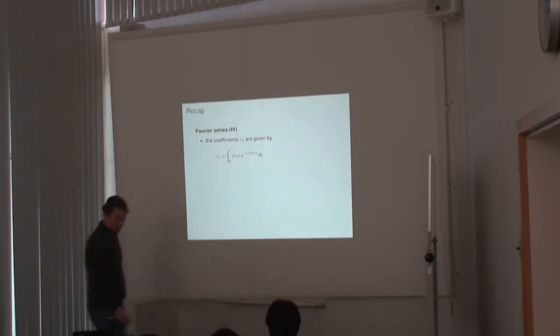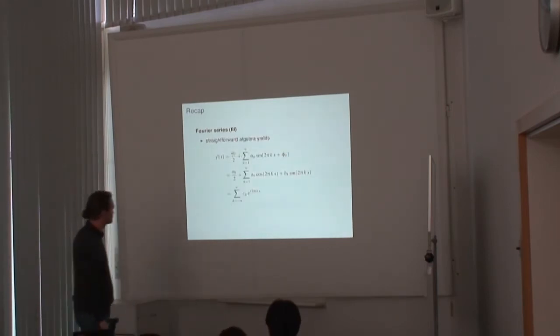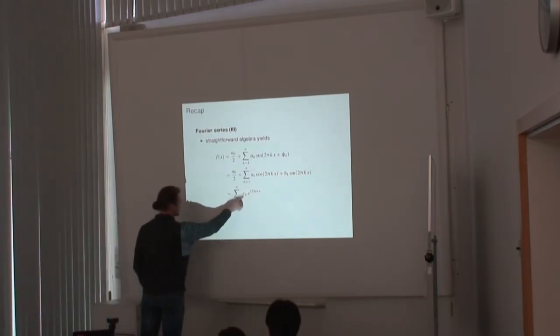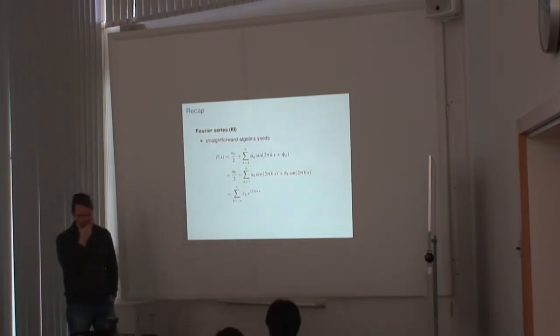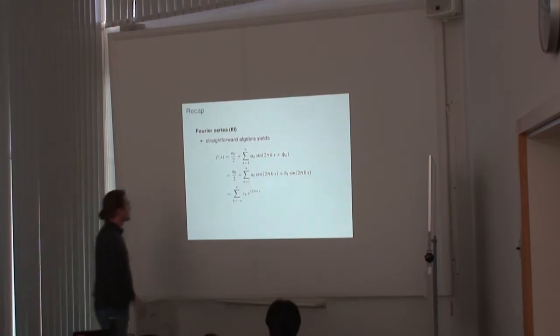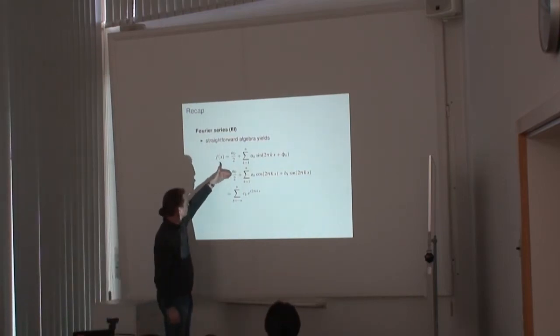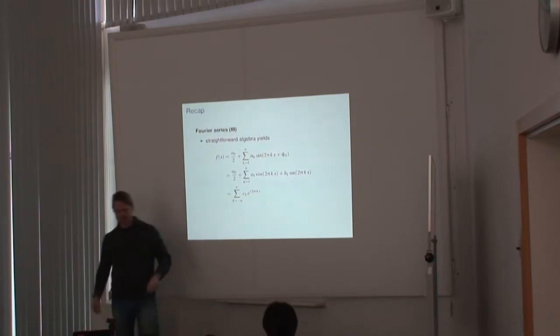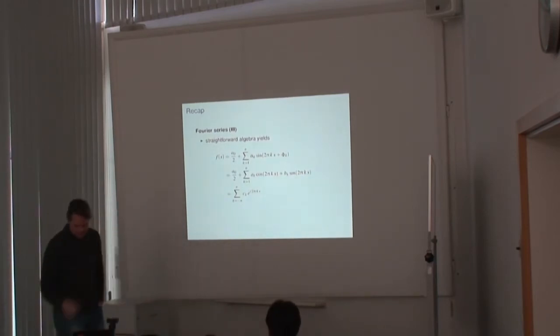And then we asked the crucial question, now is there anything to these numbers ck here? How do they look like? And of course we can, if we go from here to here, we have an expression for the ck. I hope you did that at home.